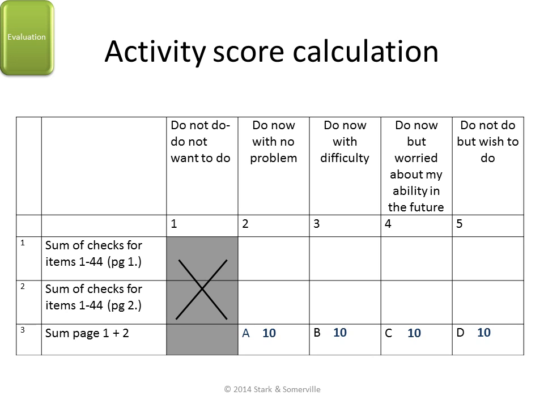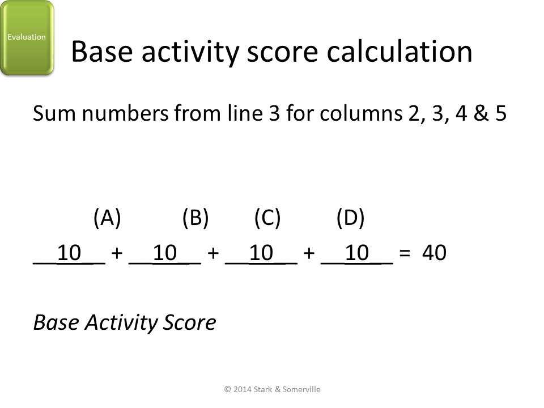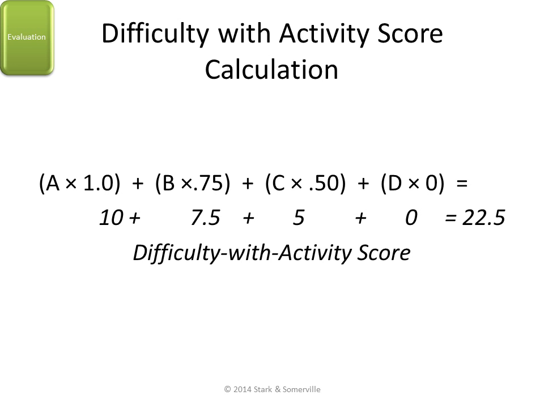So we don't even have to worry about those. So we add all those columns up and we get a base activity score of 40, and that is what we're going to use in conjunction with another number that we're about to calculate in order to come up with our activity proportion score.